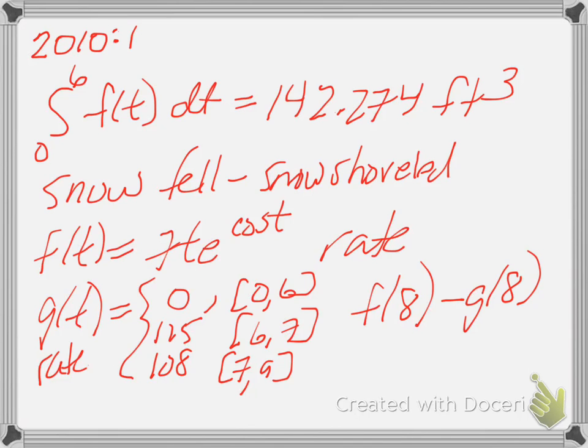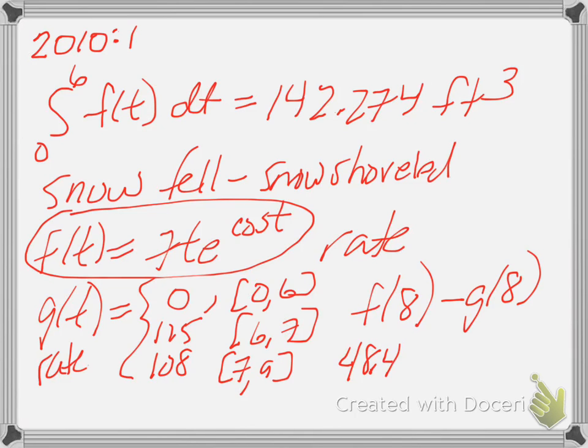For f of 8, you're just going to put 8 into this function, and you get 48.417 minus g of 8. Well, 8 is between 7 and 9, so the rate is 108.